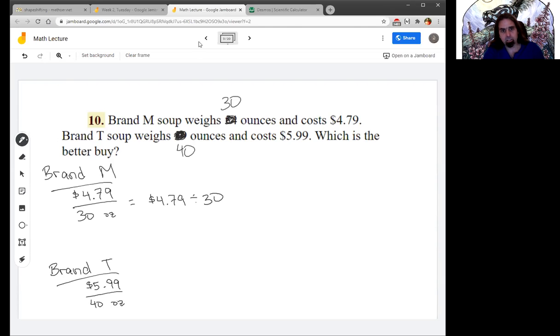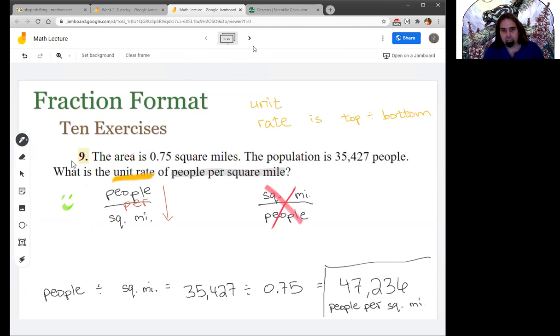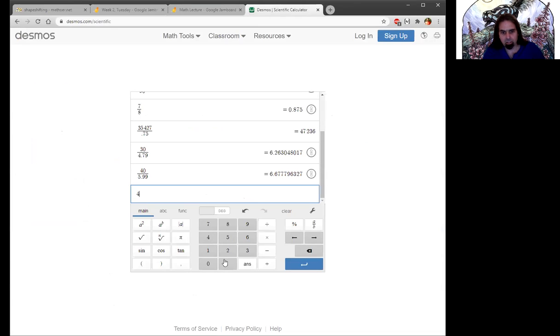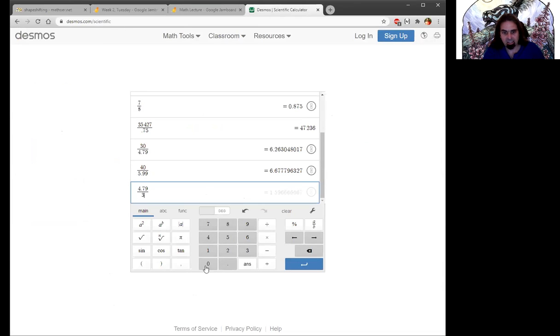Right, I am finding unit rates. So 4.79 divided by 30. Getting about 0.15.